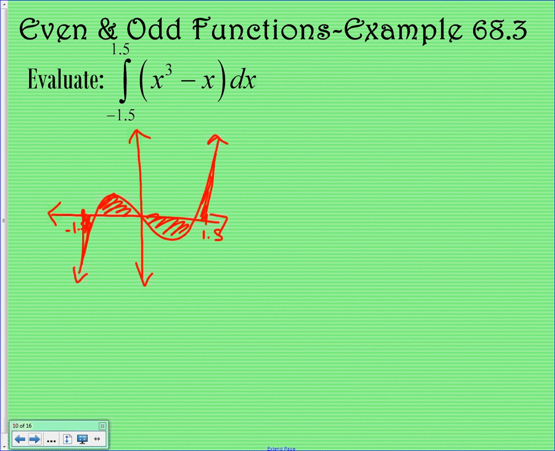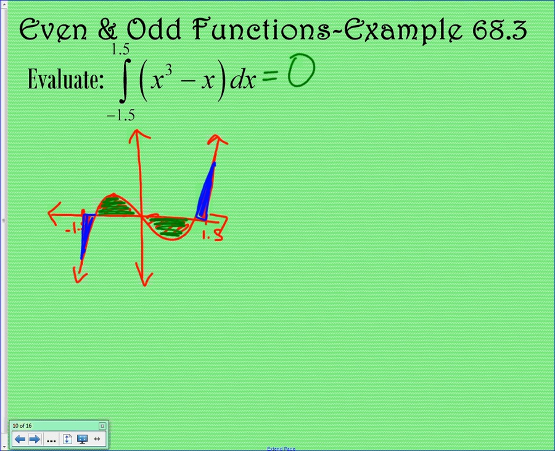And the book is wanting you to notice that this area here is the negative area, and this area here is the positive area. But they're the same value because this is a symmetric function. And so those two areas cancel out. And then this area here is a positive area, and this area is a negative area, but they're the same number, and so those will cancel out. And so this integral actually equals 0.